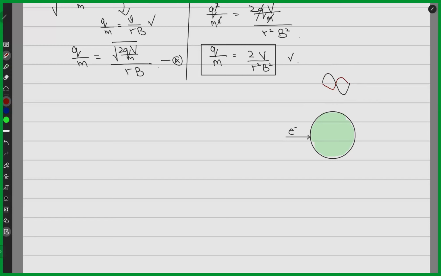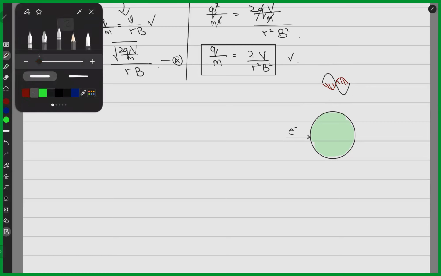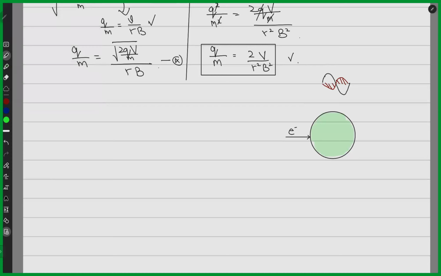So if I'm drawing this, this is in this plane, while the electric field is in this plane. So you can see that they're at 90 degrees to each other.